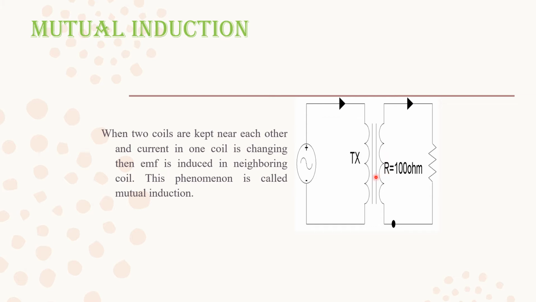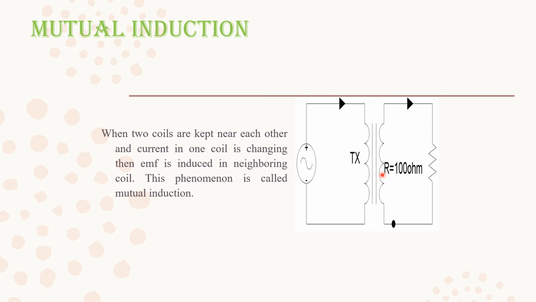The two coils are kept near to each other, and suppose the current through this coil is changing. Then EMF will be induced in this neighboring coil. Current is flowing through this coil, but EMF will be induced in the neighboring coil.